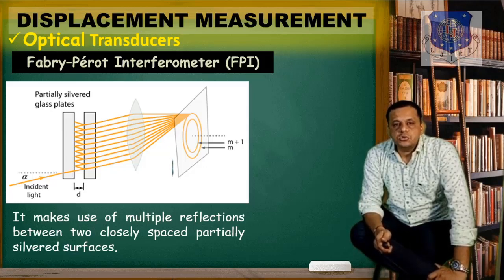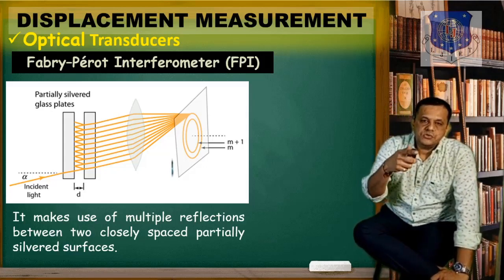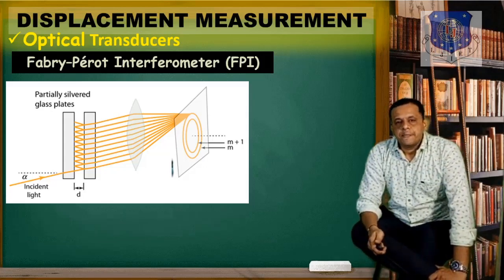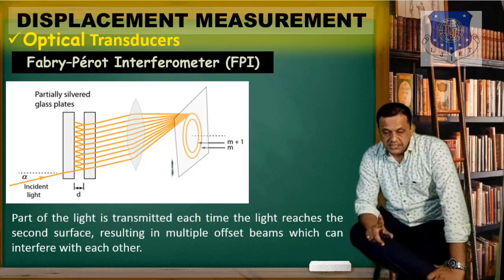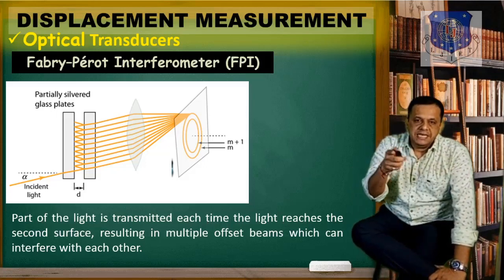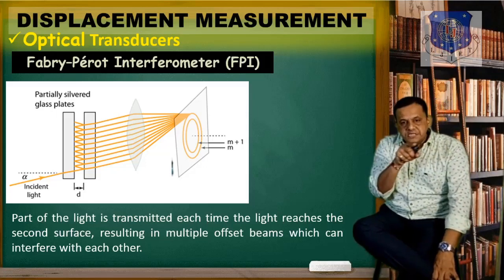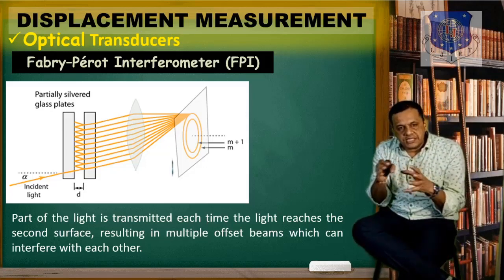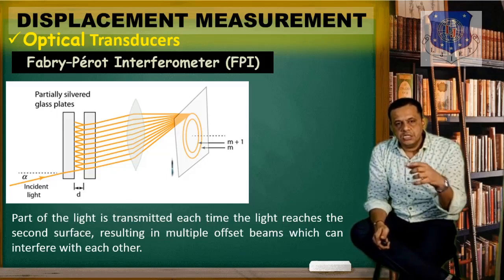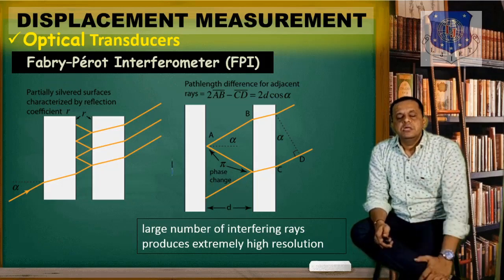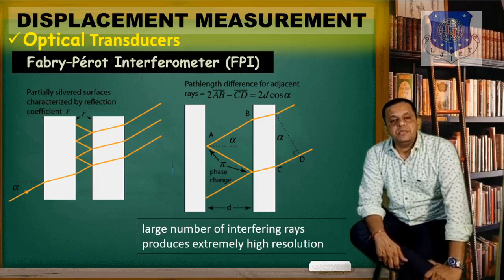The m shows the order of the reflection: m, m plus 1, m plus 2, m plus 3, etc. Here the light is transmitted each time and reaches the second surface, resulting in multiple offset beams interfering with each other. Here I have shown only one ray, but a large number of interfering rays will produce extremely high resolution.